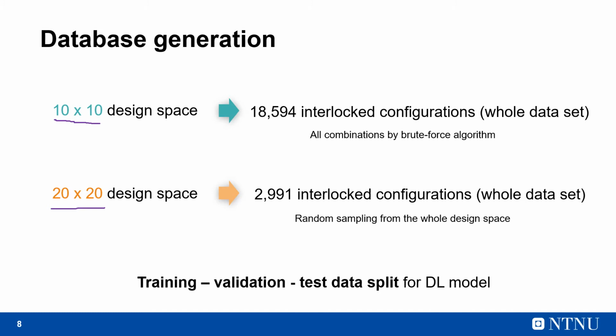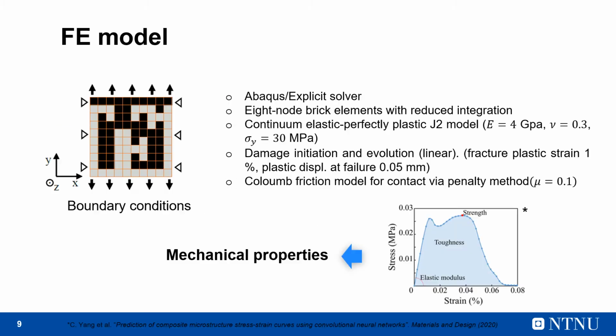While for the second one, we randomly sampled about 3,000 interlock configurations from the whole combinations. And then we split it in training, validation, and test data for training the deep learning model and to assess its performances.